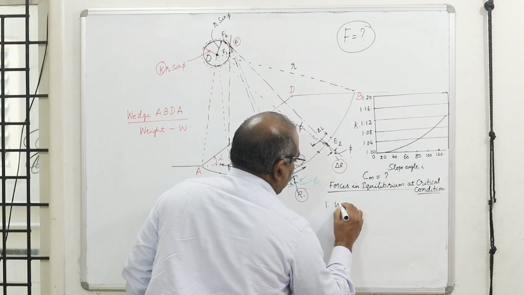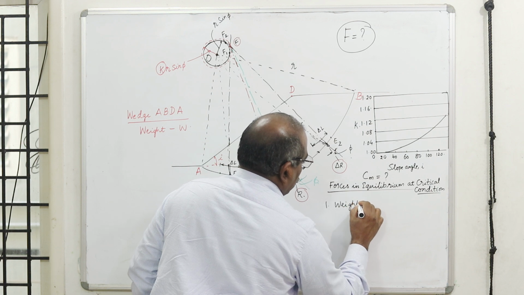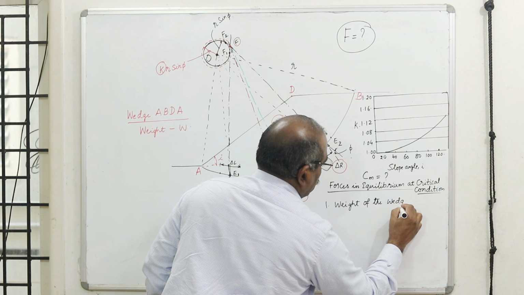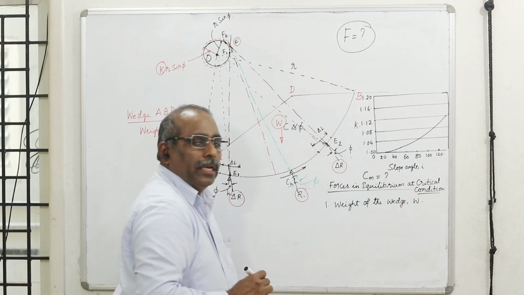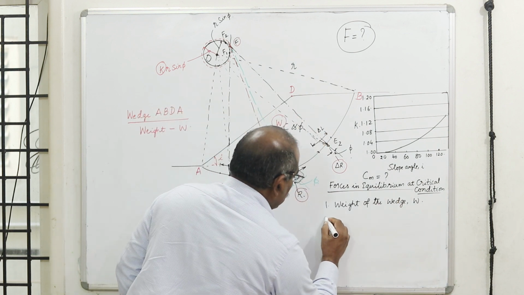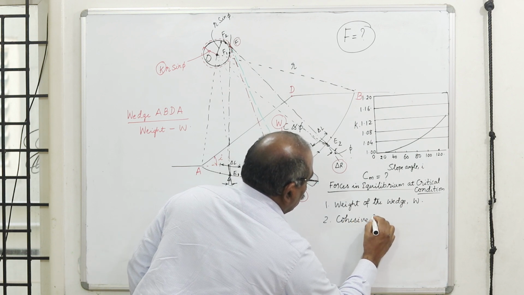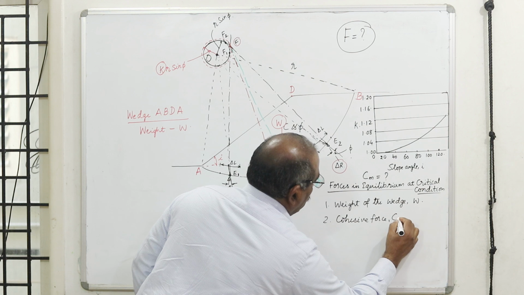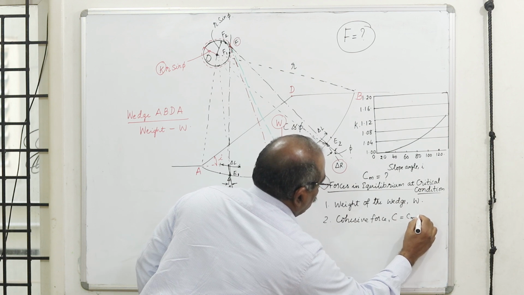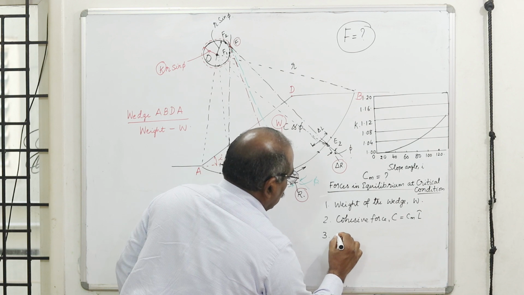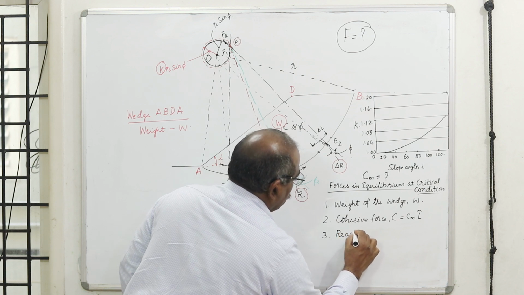First one is the weight of the wedge, W. The second one is the cohesive force C, which is equal to Cm into L arc. The third one is the reaction R.